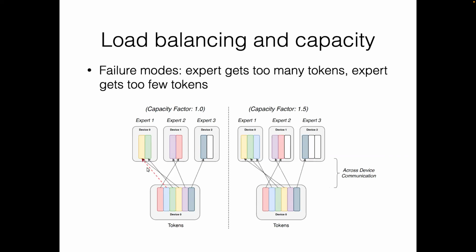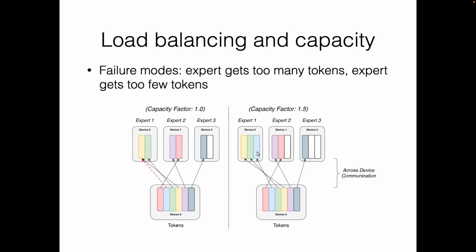If you remember, the model has a skip connection. So what you can do is just drop a token, and the representation just passes through without any processing for this layer. But of course, that's going to be bad. You're basically skipping this layer of the network. So this is a downside: if we don't have good load balancing, then you're going to start dropping tokens.